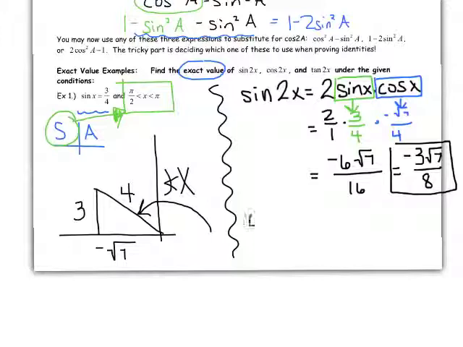All right, now let's do cosine of 2x. So cosine of 2x is equal to, if you look at your formula chart, we could do cosine squared x minus sine squared x. We could do 2 cosine squared x minus 1, or we could do 1 minus 2 sine squared x.